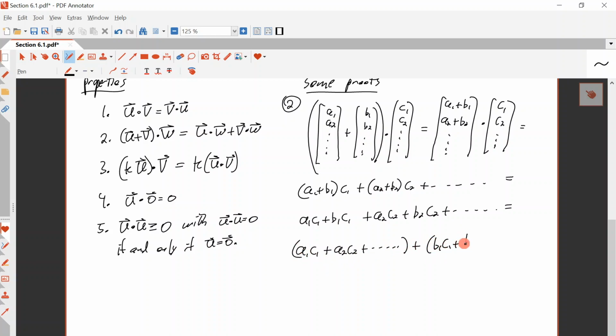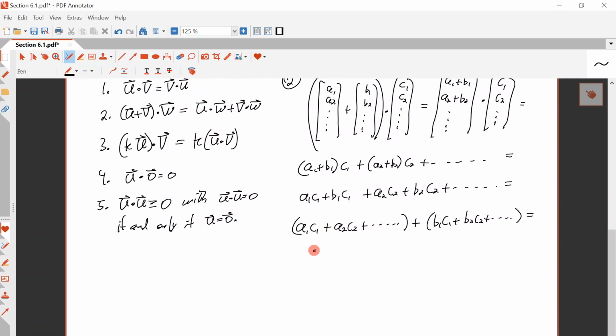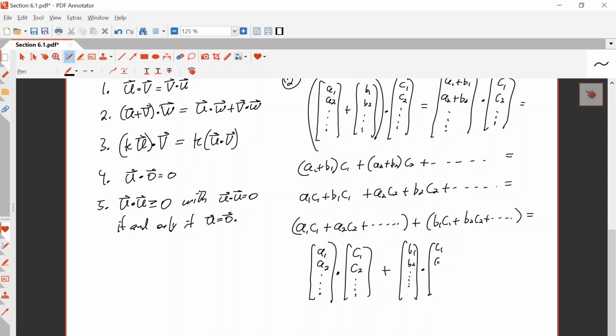So this becomes a1 c1 plus b1 c1 plus a2 c2 plus b2 c2. But this is just (a1, a2) dot (c1, c2), and this is just (b1, b2) dot (c1, c2).